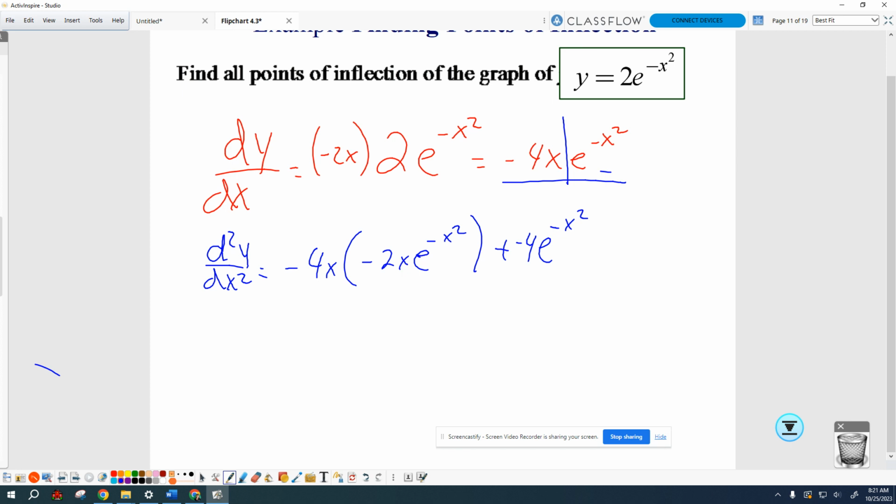Yep. Okay. And Millette told us, take that and set it to 0. So this is 8x squared e to the negative x squared minus 4 e to the negative x squared.